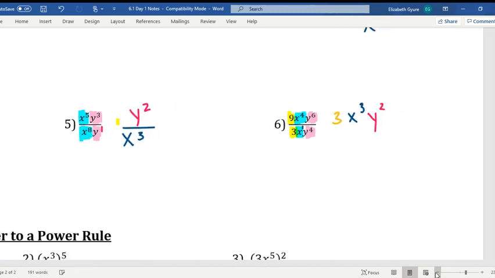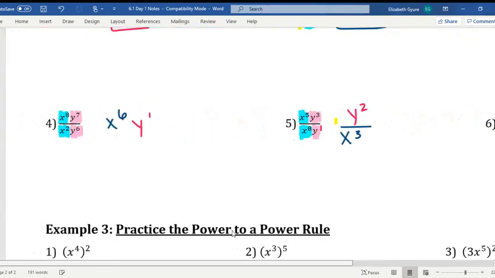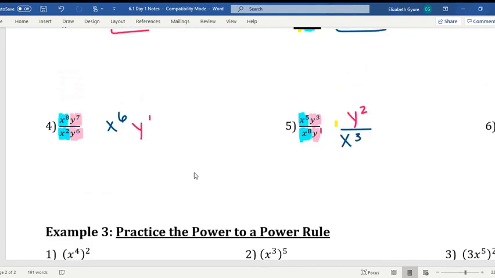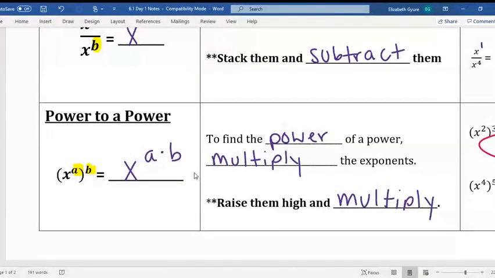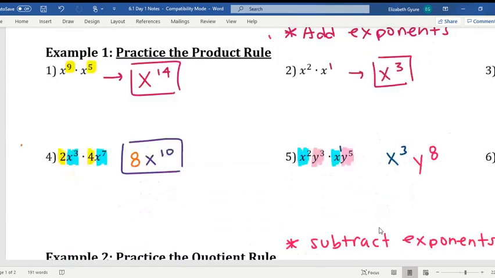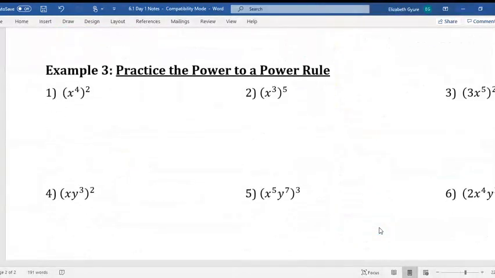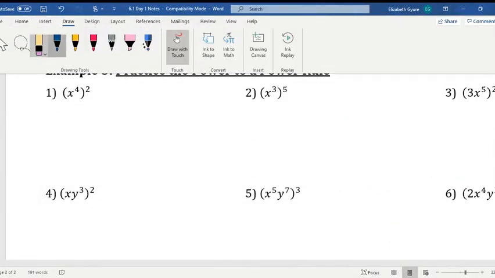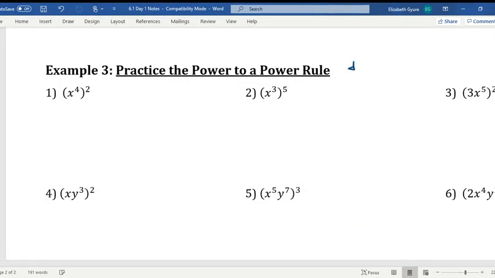Power to a power rule. So if you go back up to the top of your notes, power to a power, to find the power of a power, you multiply the exponents. This is raise them high and multiply. So we are going to multiply our exponents.